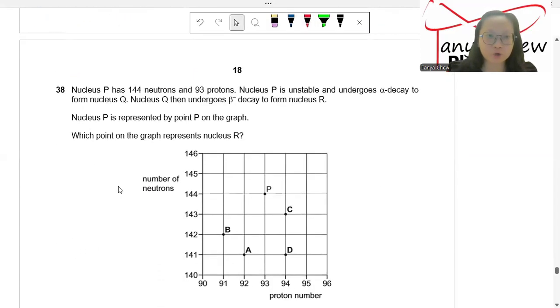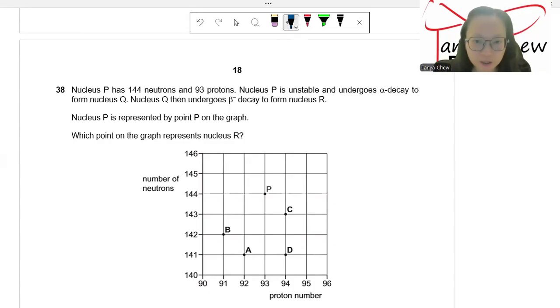Question 38. Nucleus P has 144 neutrons and 93 protons. Nucleus P is unstable and undergoes alpha decay to form nucleus Q. Nucleus Q then undergoes beta negative decay to form nucleus R. Nucleus P is represented by point P on the graph. Which point on the graph represents nucleus R?